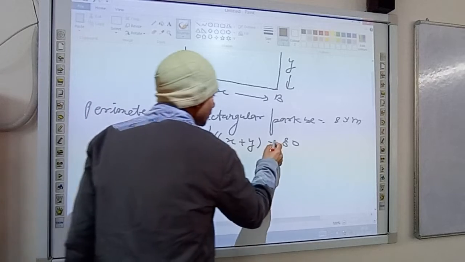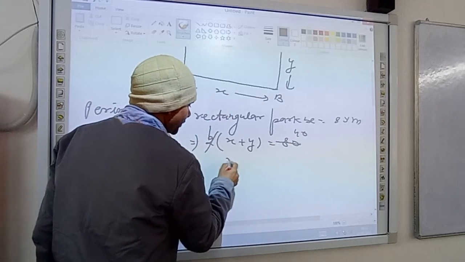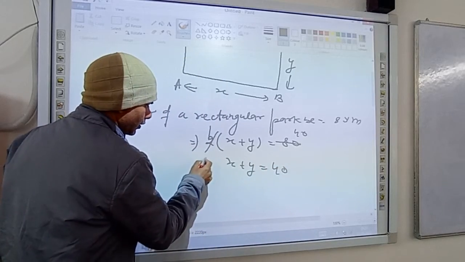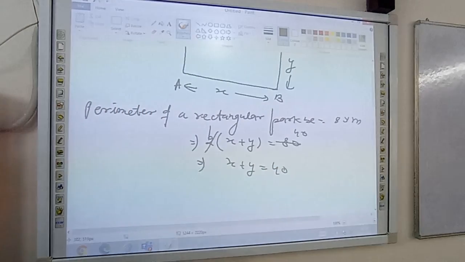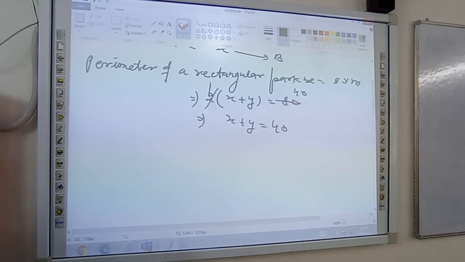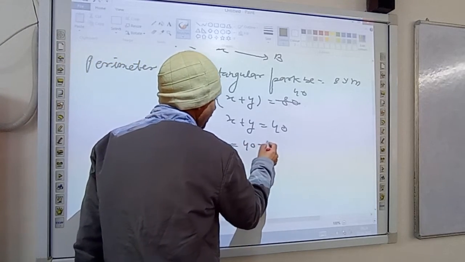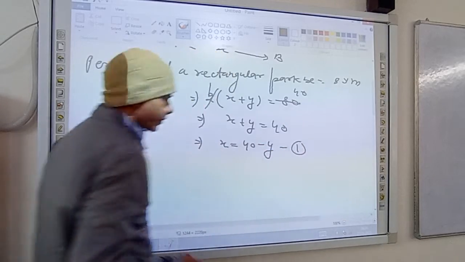X plus y is equal to 40. Now x is equal to 40 minus y. That is equation first.